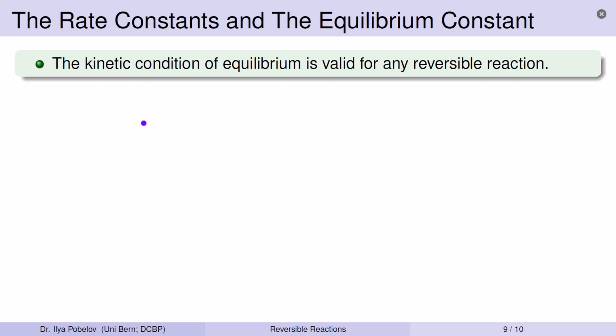When considering reversible reactions with different orders for the forward and reverse processes, the kinetic condition of equilibrium still holds, but it requires a more nuanced understanding. Let's take the example of a reaction where the forward reaction is second order and the reverse reaction is first order.